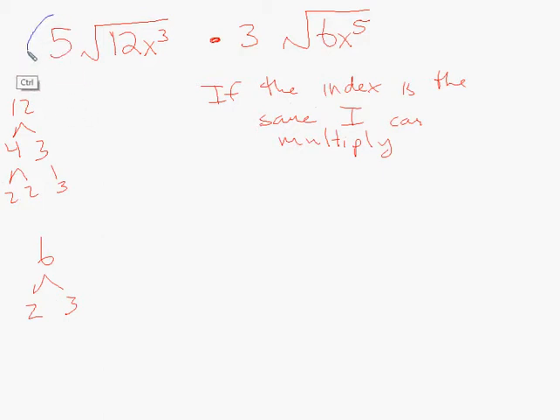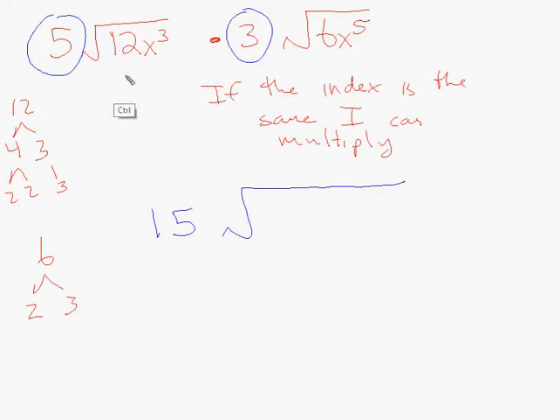So how am I going to multiply this? I'm going to take all the things in front and multiply them. So 5 times 3, 15. And all the things on the inside, I'm going to multiply. But this 12 is going to be written as 2 squared times 3, and this 6 is going to be written as 2 times 3.